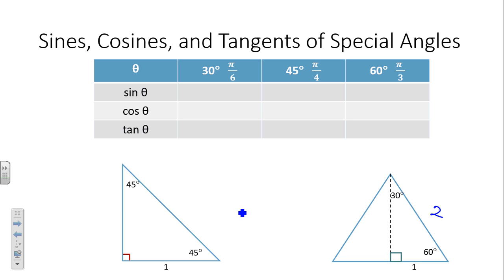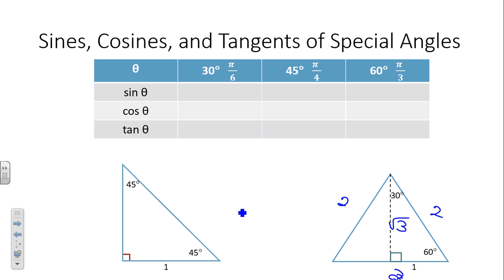So this was an equilateral triangle with 2 for each of the sides, and now the short leg is 1, the hypotenuse is 2, and using the Pythagorean theorem, 2 squared is 4, minus the 1 would get us 3, the square root of 3. So remember that?